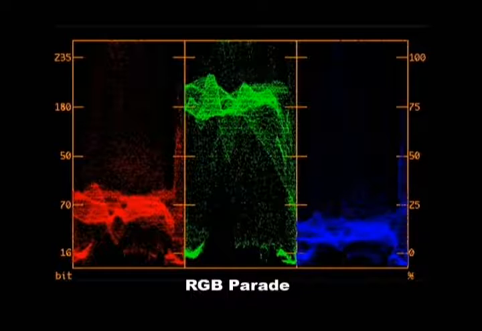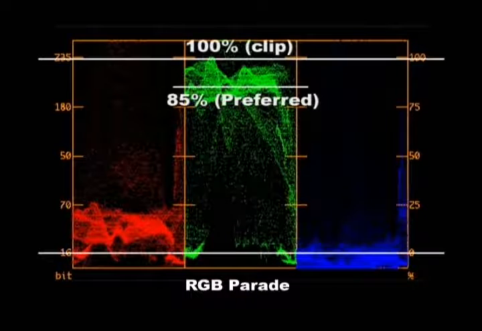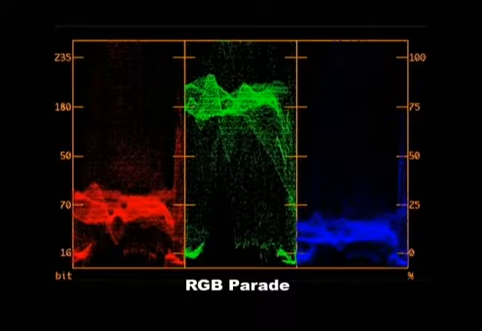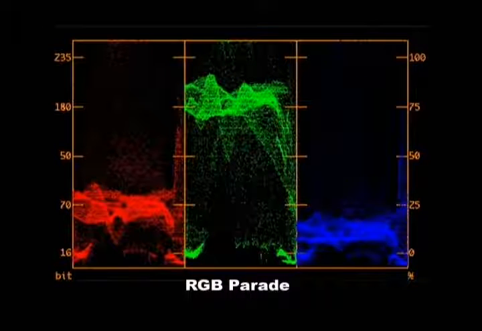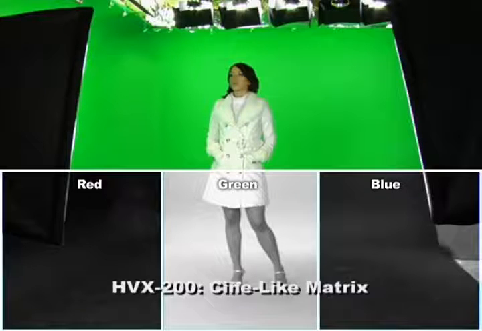And it's actually okay to increase the saturation to get a more perfect separation, as long as you don't clip any channels. You're not gaining any new information, but it'll compress better in the codec. On our HVX200, we're not increasing the saturation, but we're using the Cine-like matrix, which has the same effect.